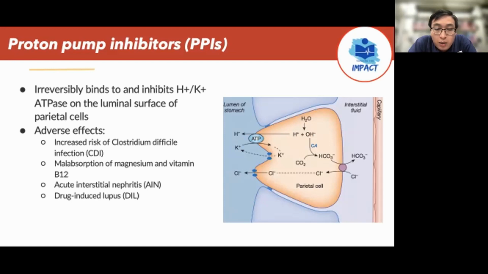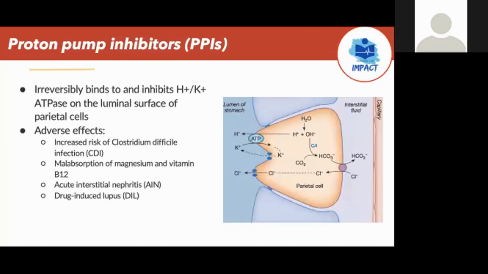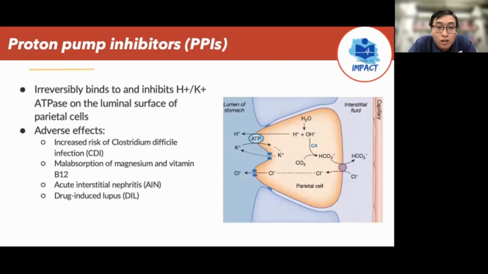I've listed them on the slide, but the first thing is that PPIs have been associated with an increased risk of Clostridium difficile infections, even in the absence of antibiotic use. It's also been associated with malabsorption of two electrolytes, vitamins or minerals.